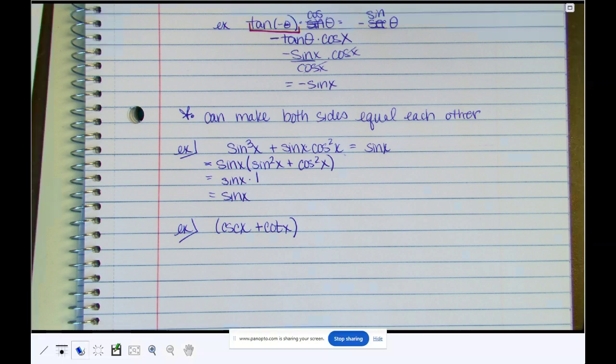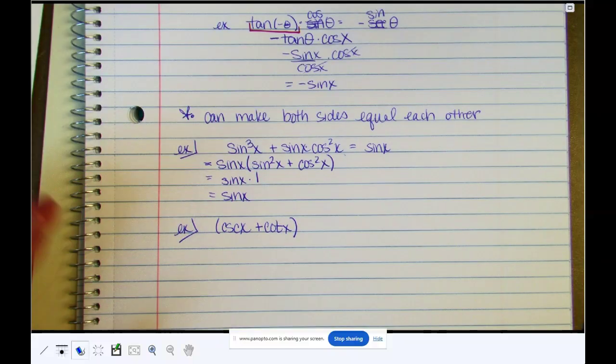Cosecant, cotangent. Yeah, that's not right. Okay, we'll skip that one. I've got to see if it's right.